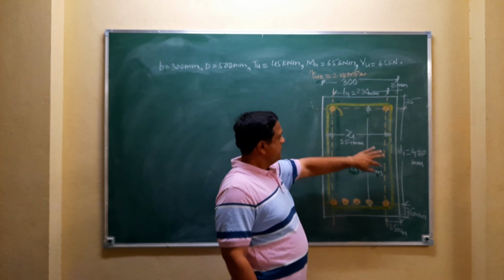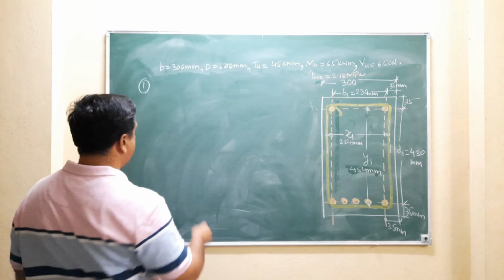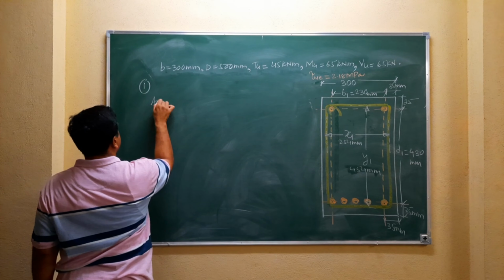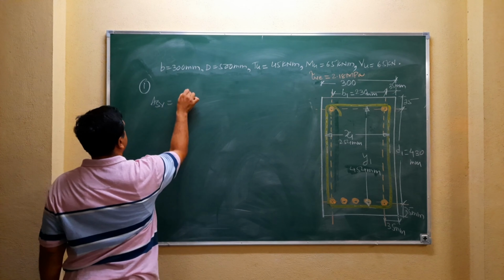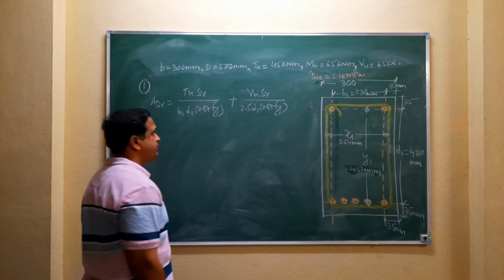As per IS 456, the first formula is Asv equal to Vu into Sv divided by b1 d1 into 0.87 fy, plus Bu into Sv divided by 2.5 d1 into 0.87 fy.